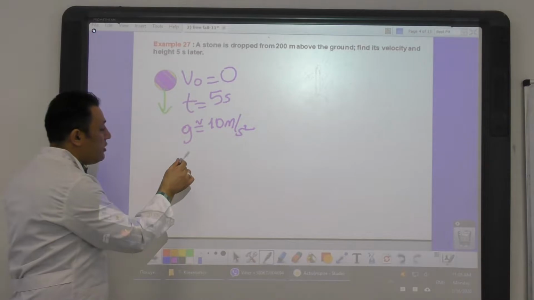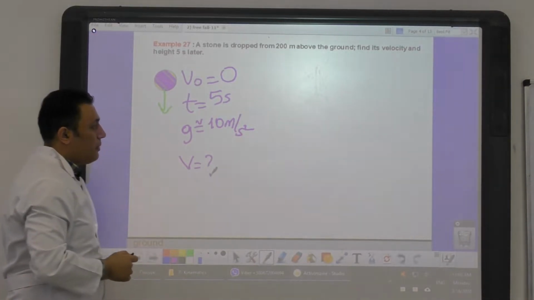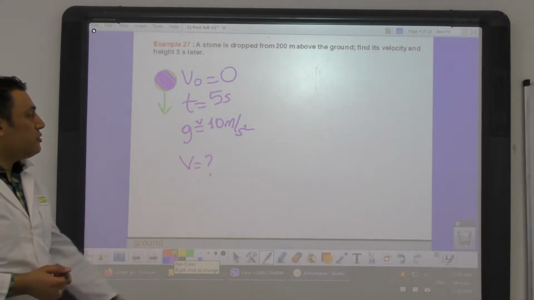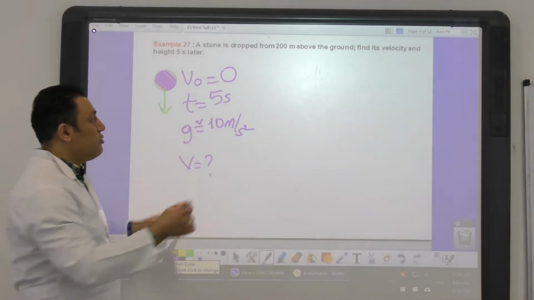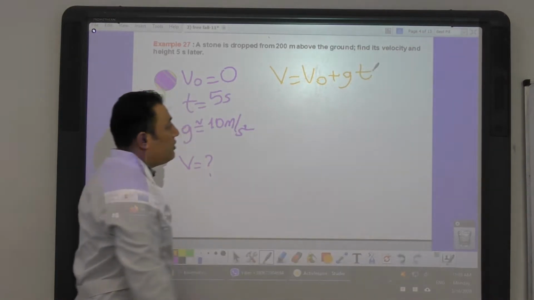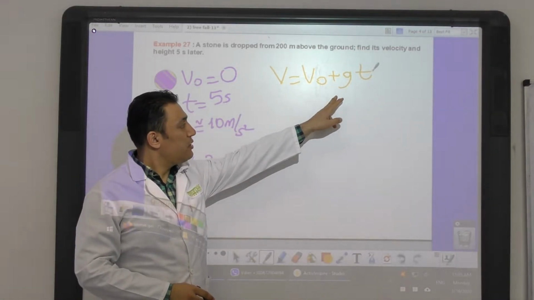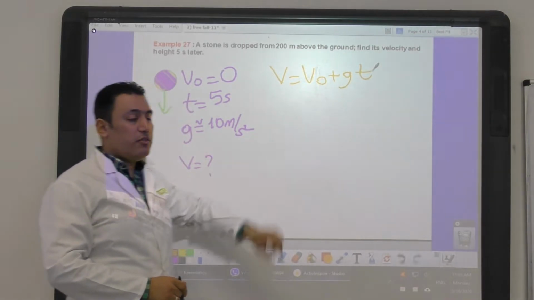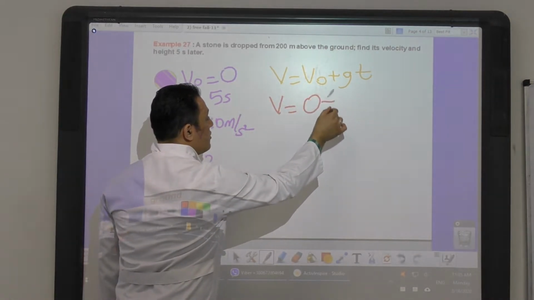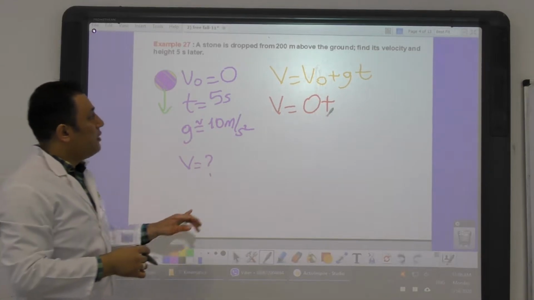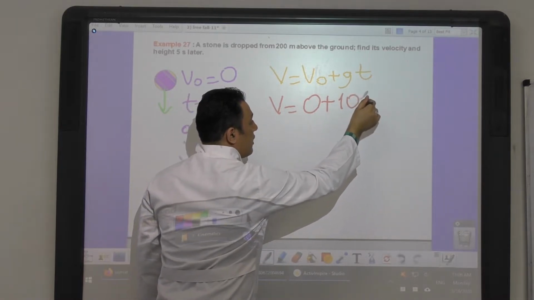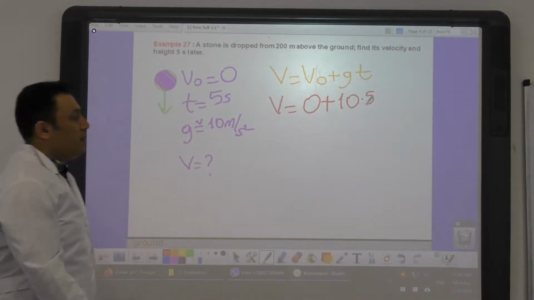My aim is to calculate the final velocity of the object. There are different formulas we can choose in this example, but let's use the simplest one: the final velocity of an object equals initial velocity plus gravitational acceleration times the time. So the final velocity is v0, which is 0 because the object is dropped from the point, plus g, approximately 10, multiplied by the time, 5 seconds.